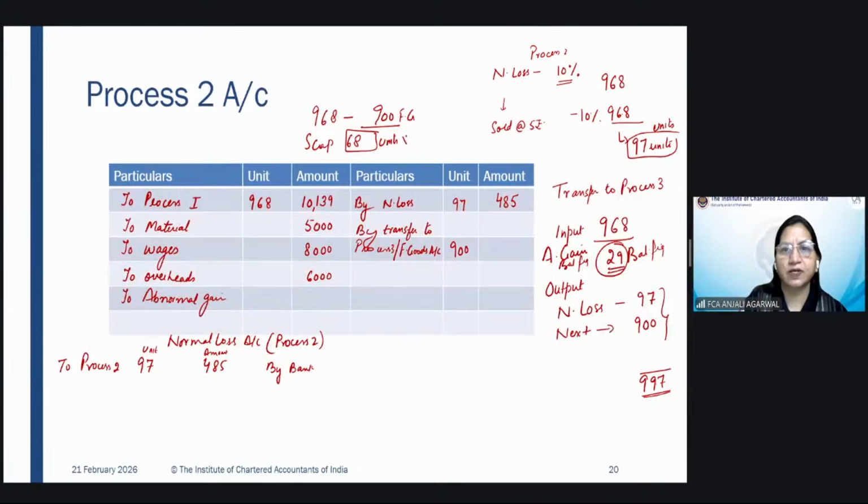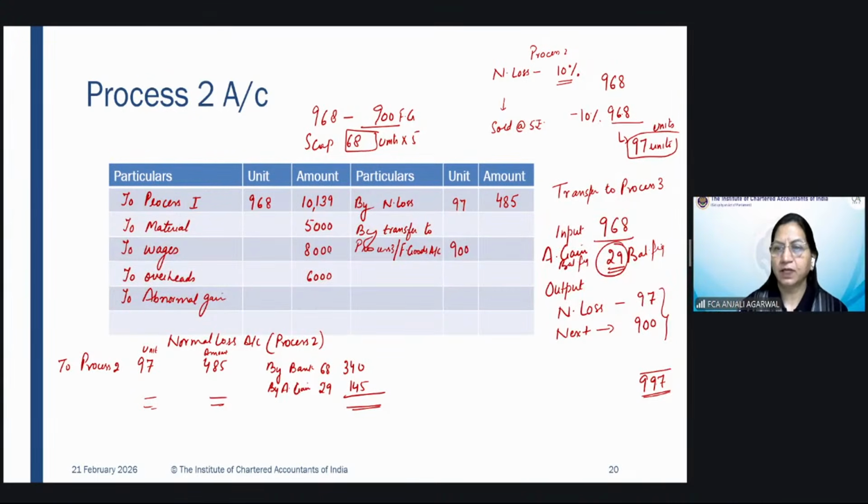So these 68 units into 5 will give you 340 rupees only, and the balance has to be recovered from abnormal gain. 29 units into 5, 145 will be recovered from abnormal gain. Right?